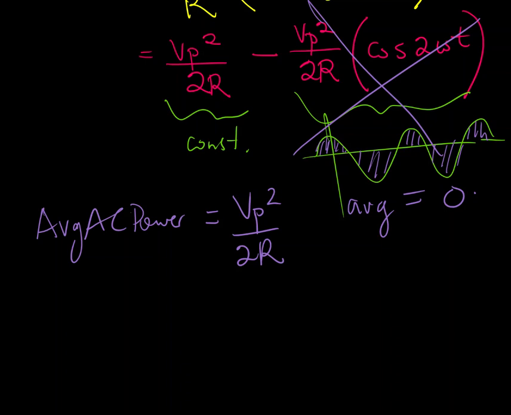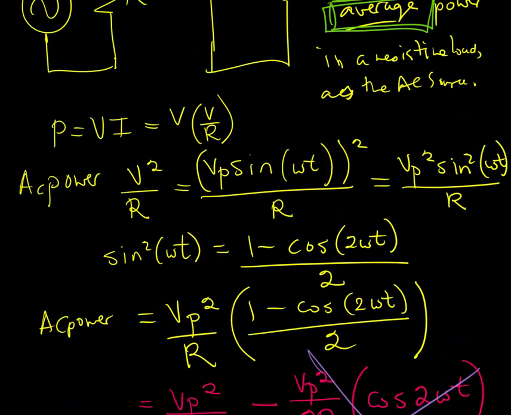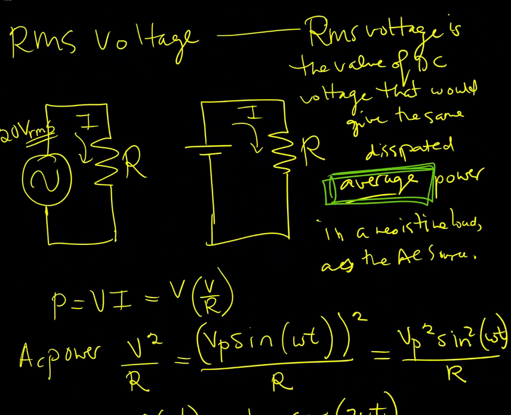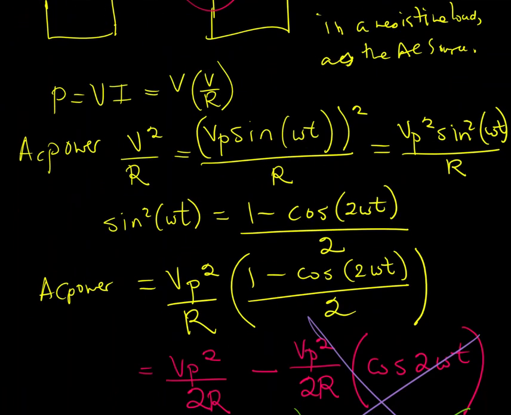And let's go back up again and look at the DC circuit. We said that the RMS voltage was the value of this supply that would give the same dissipated power. So this is V RMS.